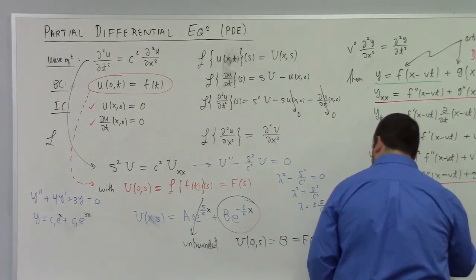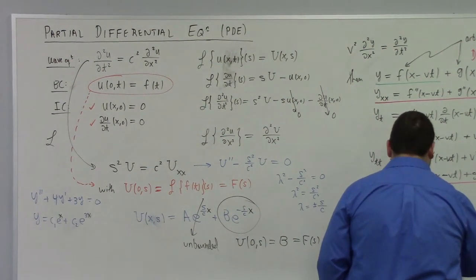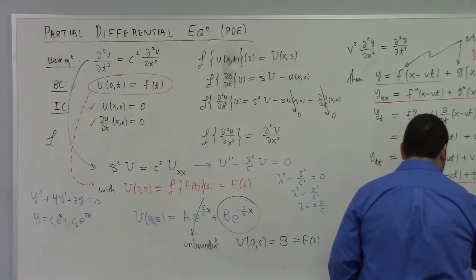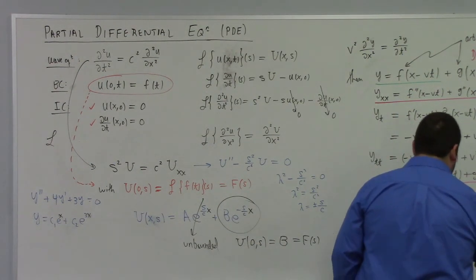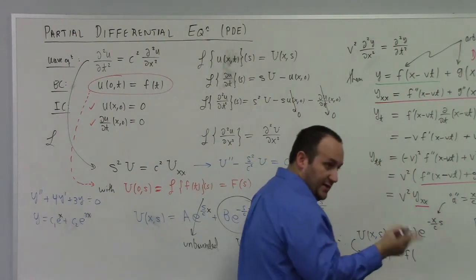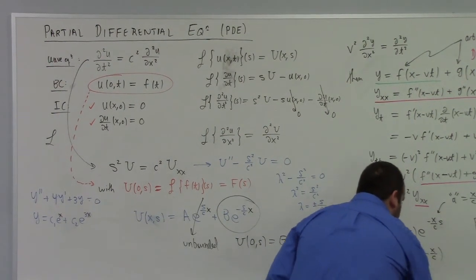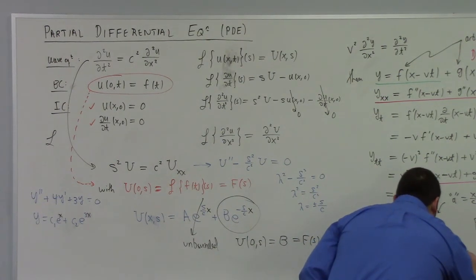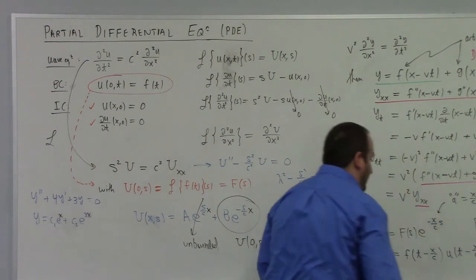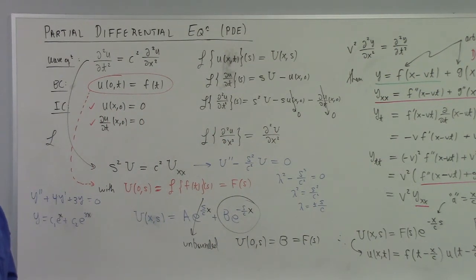It's easier to see this if I rewrite it as minus x over c times s. See, that's usually what we have. We have like F of s times e to the minus as, right? So here, the quote-unquote a is x over c, right? So we get f of t minus x over c, with the unit step u of t minus x over c. That's exactly the d'Alembert solution, written in a slightly screwy way.